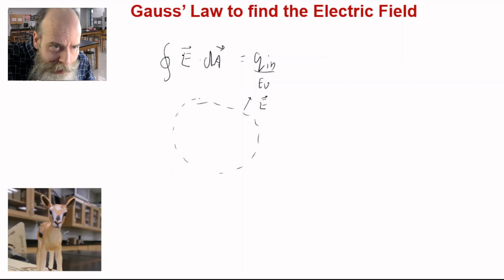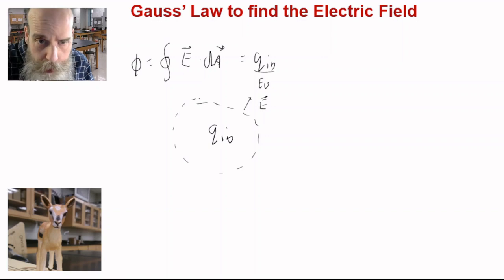We do this E dot dA all along the surface. This circle here means the integral is over the entire closed surface. That integral over the entire closed surface, E dot dA, is called the electric flux, phi. And that equals the charge inside the surface divided by epsilon 0. This is the net charge inside; just add up all the charges together, and that gives you the charge inside.